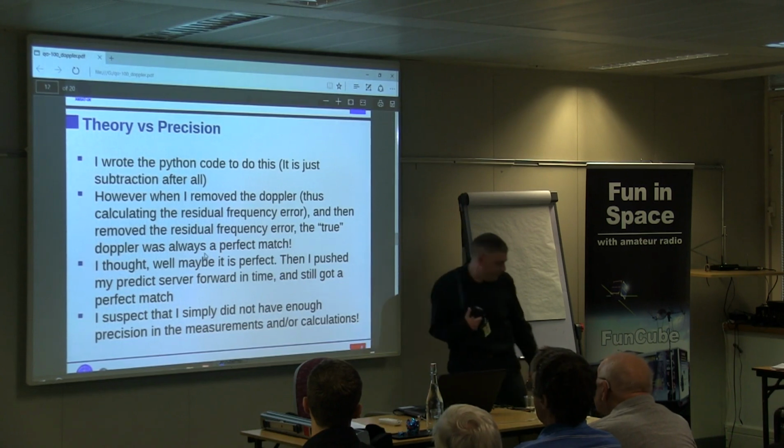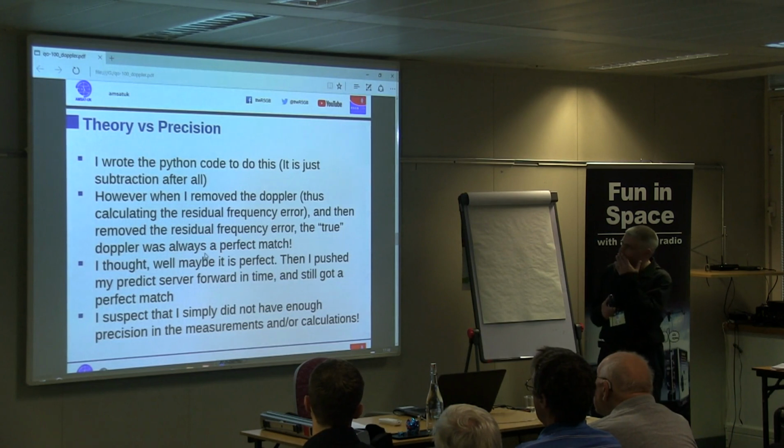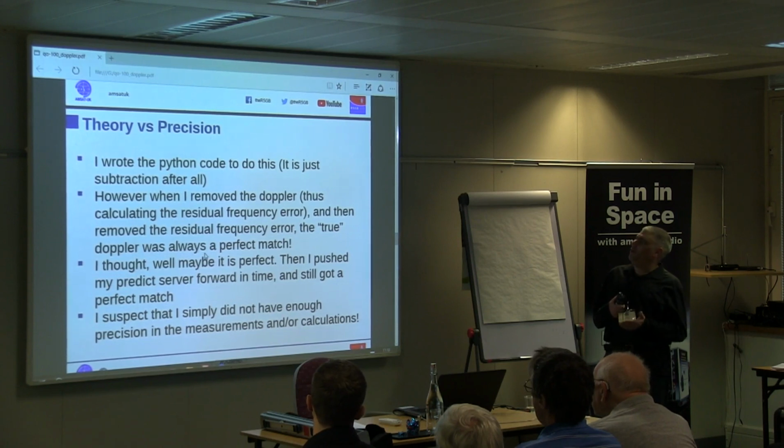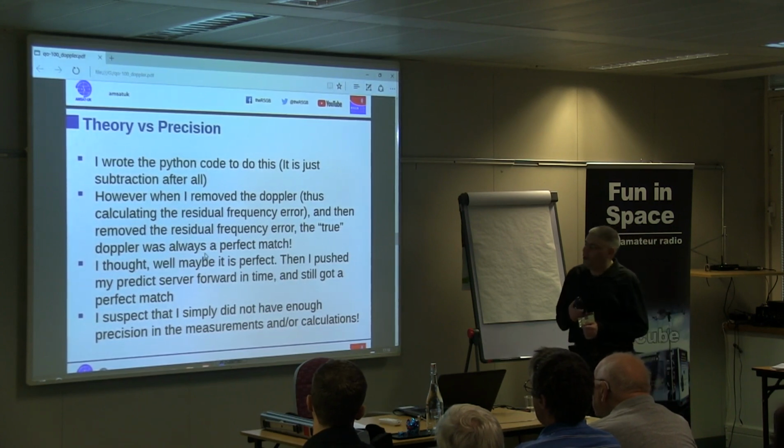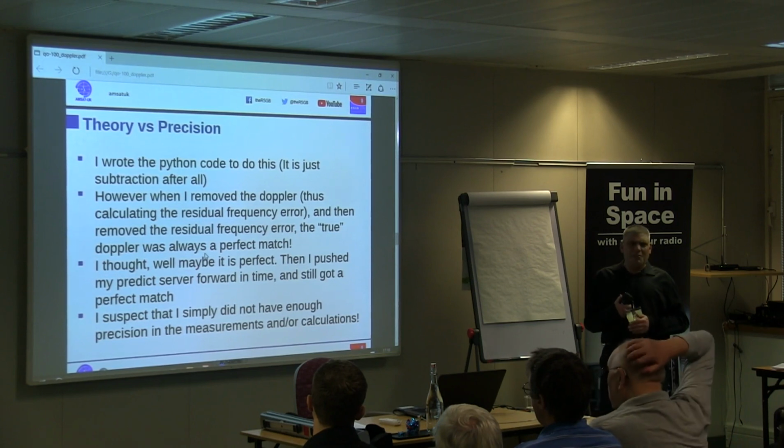Well, as I alluded to, I wrote the code to do it. It's really just a bit of subtraction. However, I actually removed the Doppler and kept calculating the residuals. But then I removed the residual instead. But the true Doppler, what I call column J, was always a perfect match for the calculated Doppler. That was a bit suspicious to me.